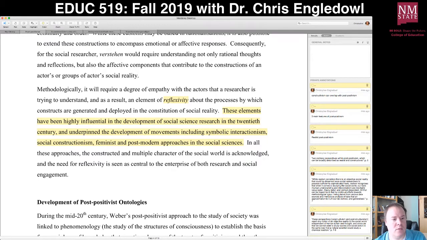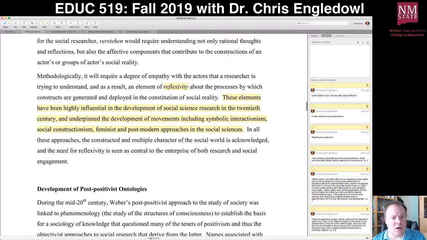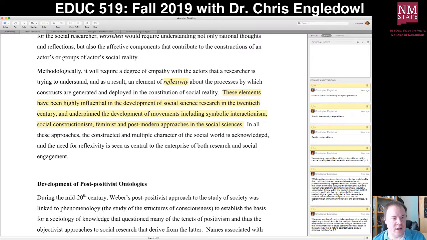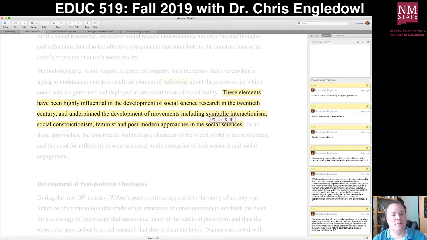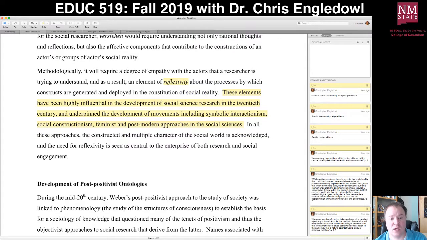Especially when we realize that it's deployed in the constitution of social reality, that social reality is constituted by the individuals within it. And this is true, that it has been extremely influential in the 20th century and continuing into the 21st century.